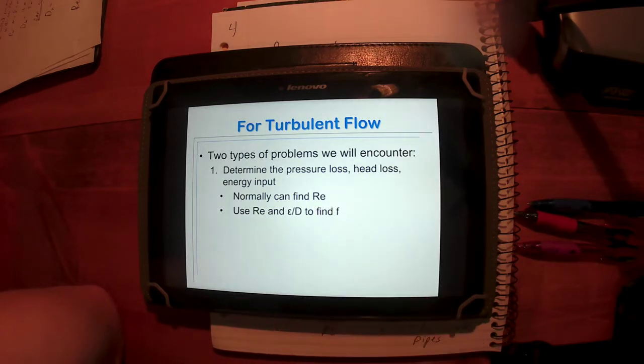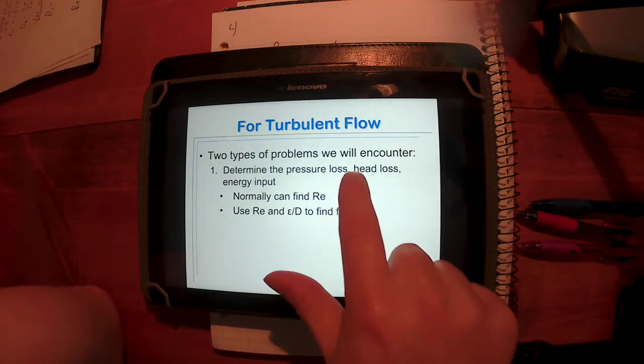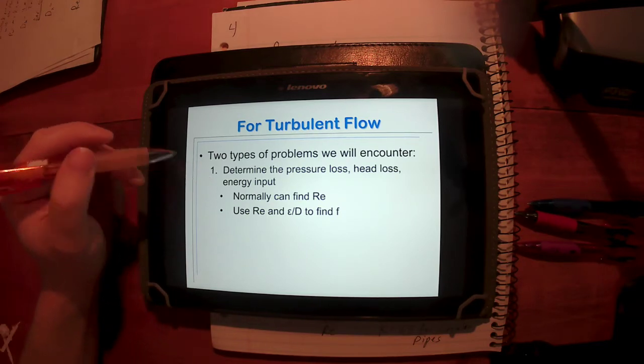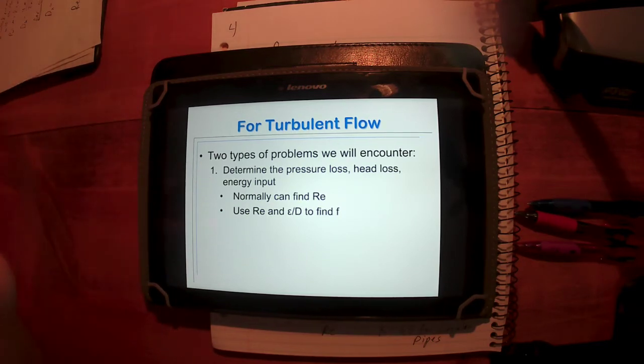Now, frankly, this is not super realistic in my opinion. It's not very often that you're going to have an existing piping system already in place, and you just need to quantify what's the energy loss associated with it.